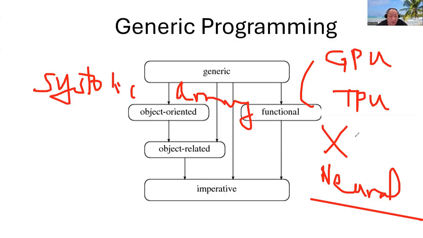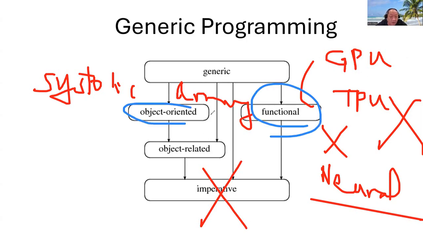So basically, this AI stuff, GPU and TPU, is not imperative programming. They use different technology to solve problems, so they are different programming paradigms.